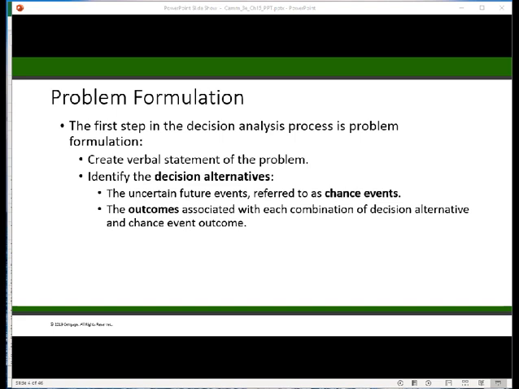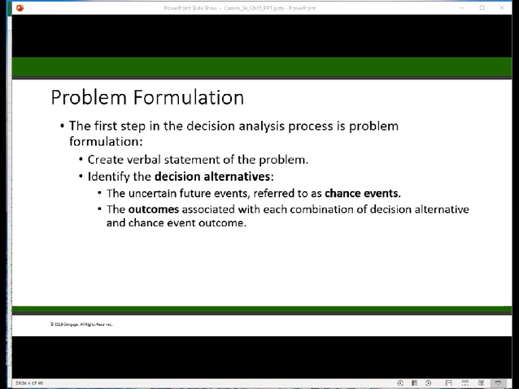And the financial success of the project depends on the size of the condominium complex and the chance event concerning the demand for the condominiums. So the PDC decision problem is to select the size of the condominium project that will lead to the greatest profit given certain levels of uncertainty concerning the demand for the condominiums.